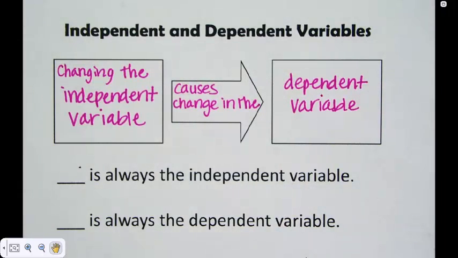So let's go ahead and read that again. Changing the independent variable causes change in the dependent variable.